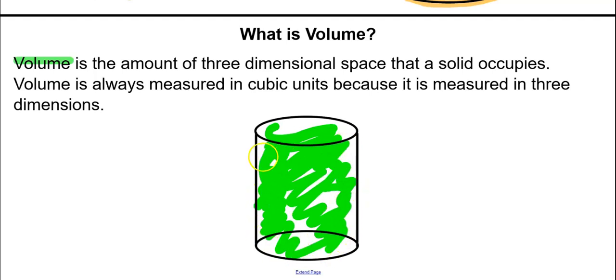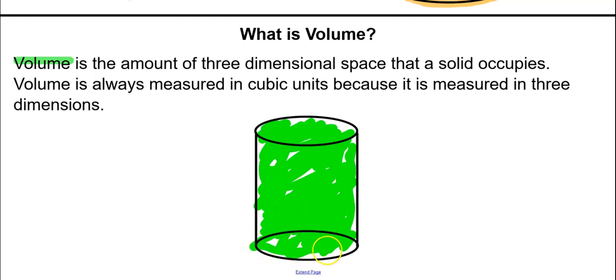How much does this solid hold? That's the volume. The volume is the amount of space on the inside. And today we're going to be figuring out how to calculate that amount of space.